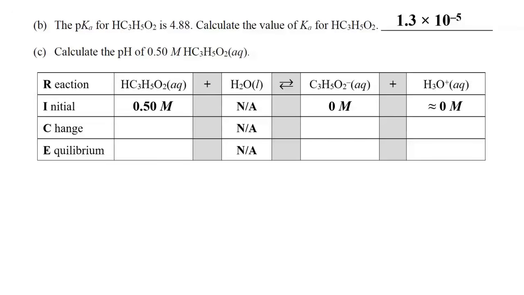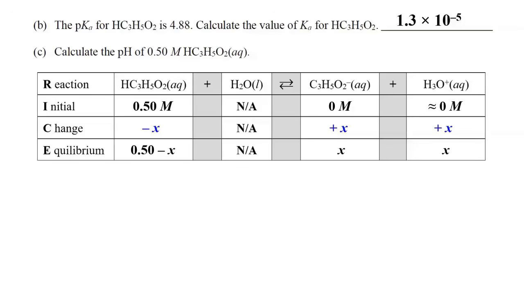In pure water, it's 10 to the minus 7, so it's so small, it's practically 0. The change would be minus X for the propanoic acid, and then plus X for the propanoate ion, as well as plus X for the hydronium ion. Again, this pattern looks very similar to the rice tables that you've seen earlier in this video. So at the equilibrium, we have 0.5 minus X, and then we have X and X.